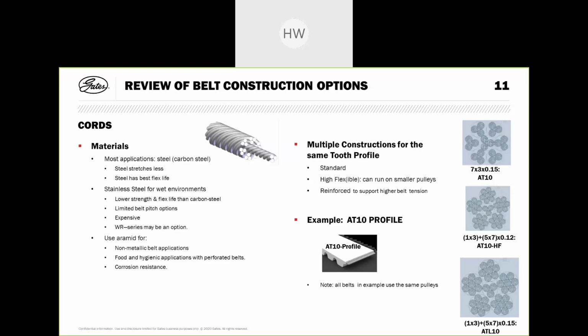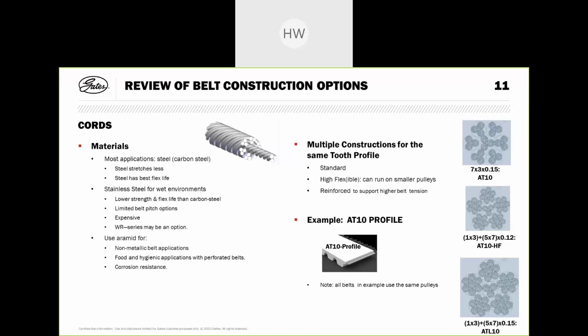So the construction of this cord is we have one center strand which is composed out of 3 single wires, and then we have 5 outer strands which are composed out of 7 single wires. So a lot more complicated than the standard steel cord. Each single wire is smaller, 0.12 millimeters instead of 0.15 millimeters.